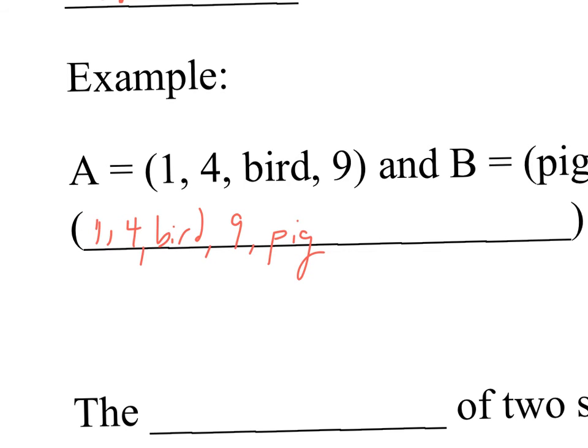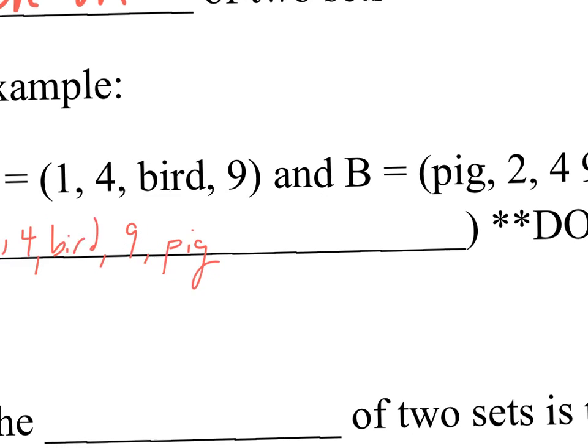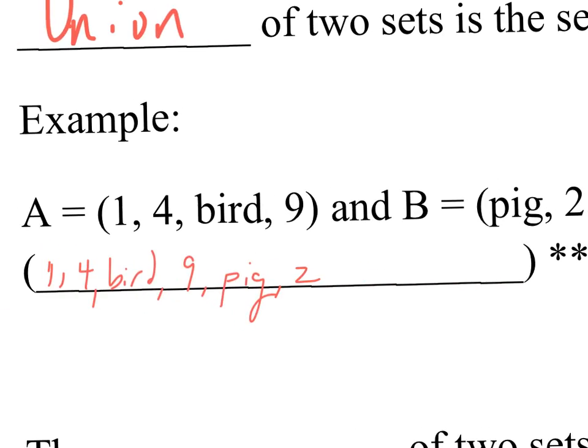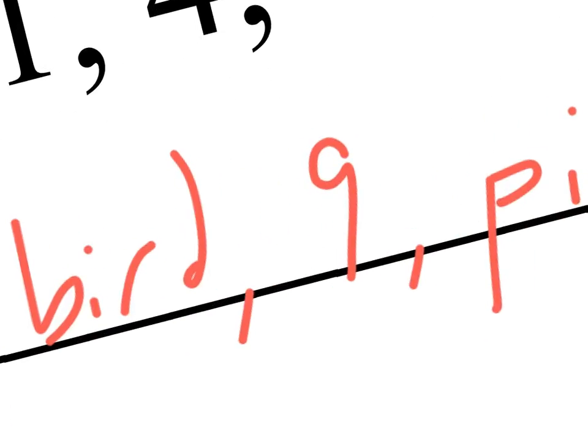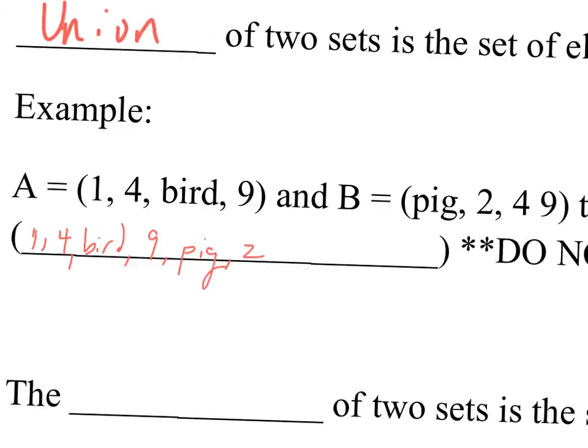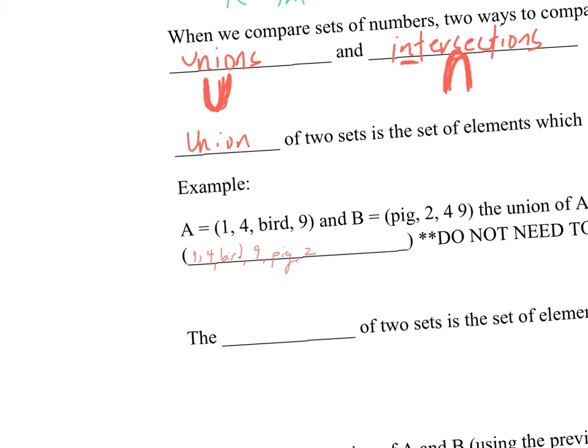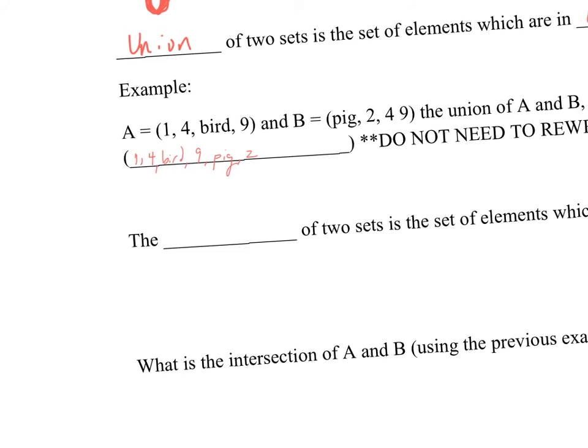What else does it have? It has 2. So pig, 2, 4, 9. Well, notice I already have the 4 and the 9 from the first set, so I don't need to rewrite them. I do not need to rewrite the duplicates. So the union of A and B contains 1, 4, bird, 9, pig, and 2. Okay?